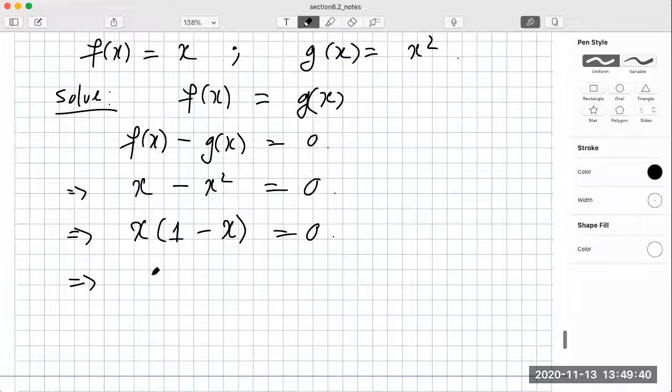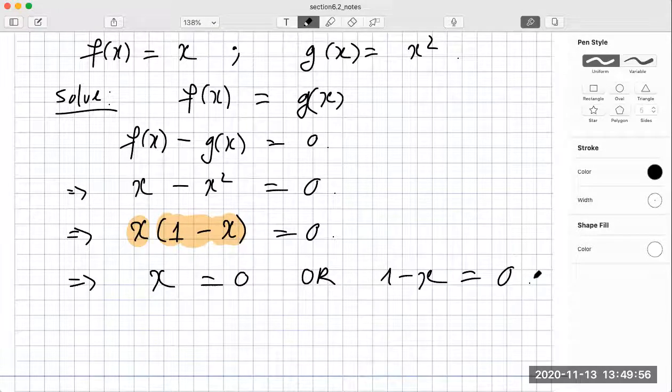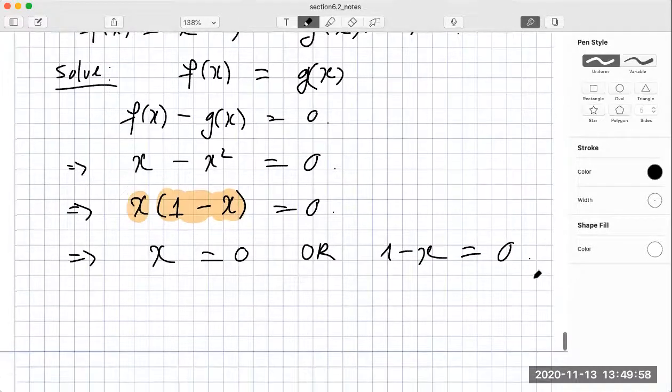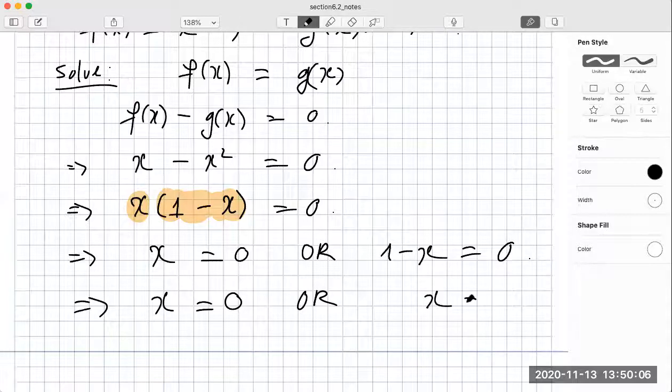Therefore, there are two cases. If the product of two things is equal to 0, then the first guy should be 0, or the second guy should be 0. So be careful with this. Therefore, we have two solutions, x is equal to 0 or x is equal to 1. It makes sense, right?